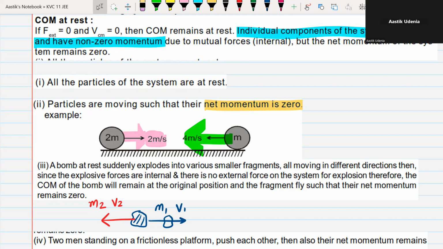Now let us try and do some cases here. One or two examples that might help us in understanding this concept.